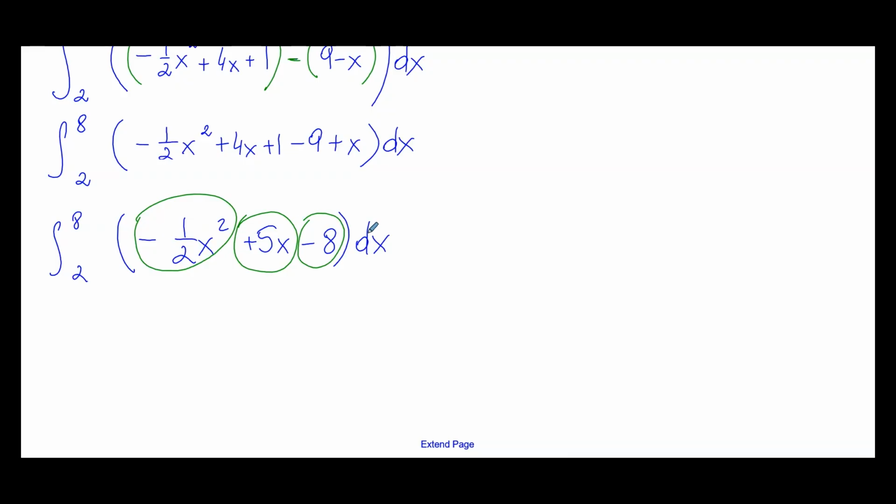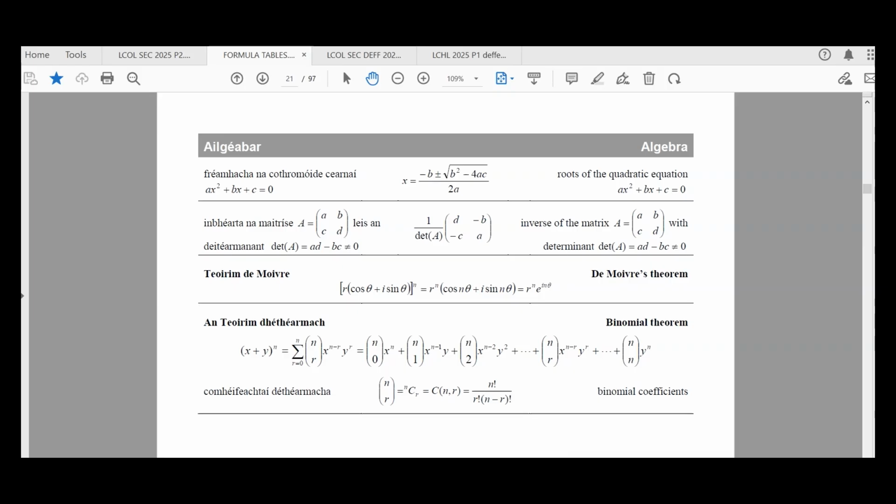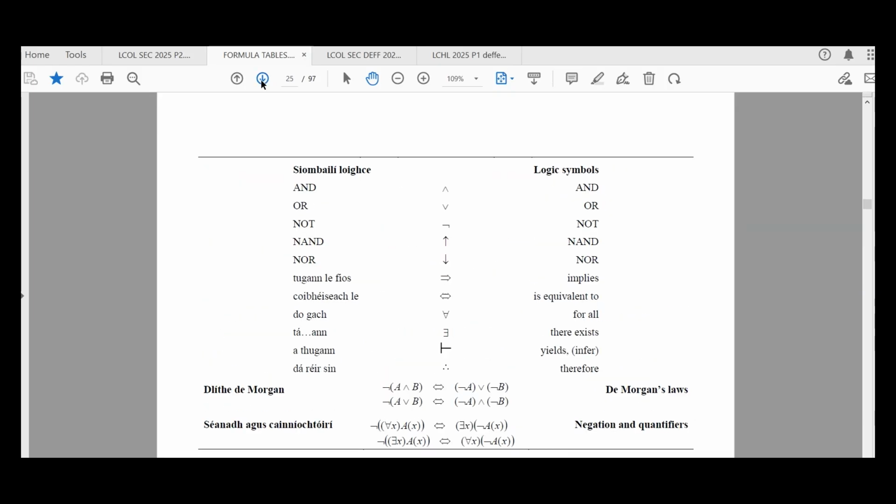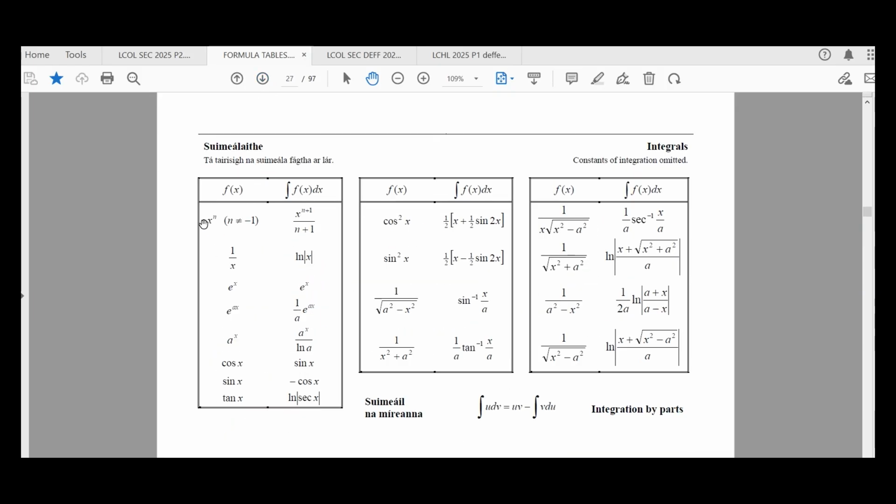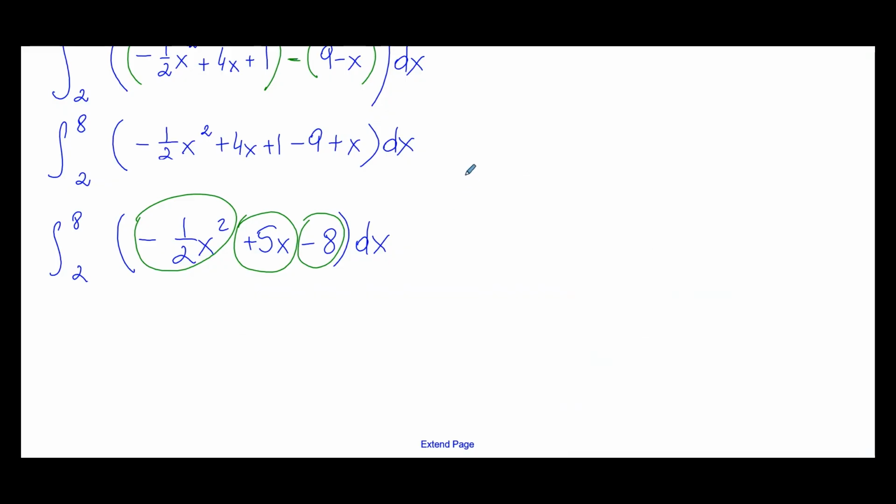That's a very simple integration. If we look at our table, that's the very first formula we have in the table here. When we have x to the power of n and we are integrating, we have a fraction: x to the power of n plus 1, divided by n plus 1. What happens if there is a number that stands here? It crosses over.